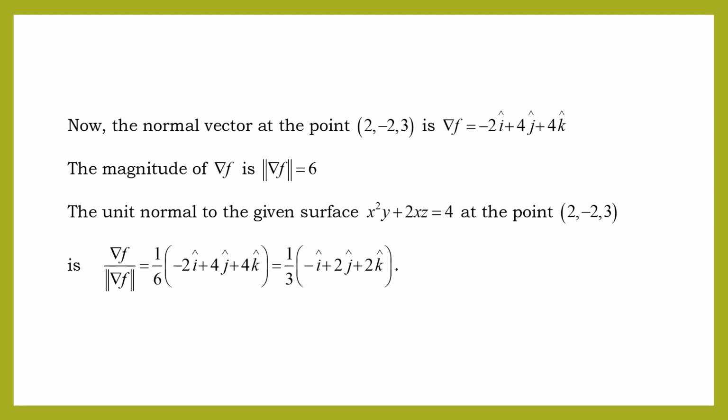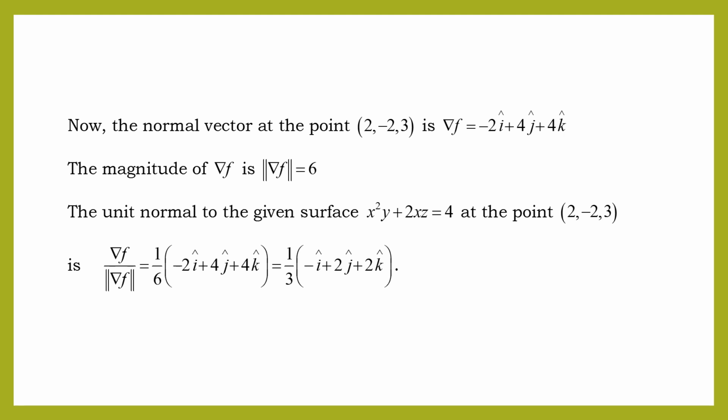The unit normal to the given surface x²y + 2xz = 4 at the given point (2, −2, 3) is given by the formula del f upon norm del f at the given point.